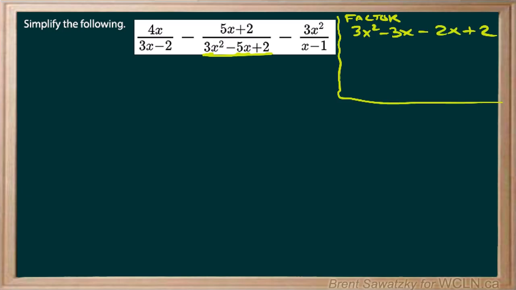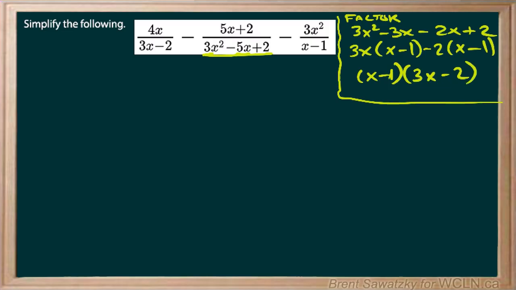So we'll factor out of the first group, and we have 3x would work. We're left with x minus 1. And factor out of the second group, minus 2, and again, x minus 1. So if we pull the x minus 1 out to the front, we are left with x minus 1, 3x minus 2, and we have it factored.